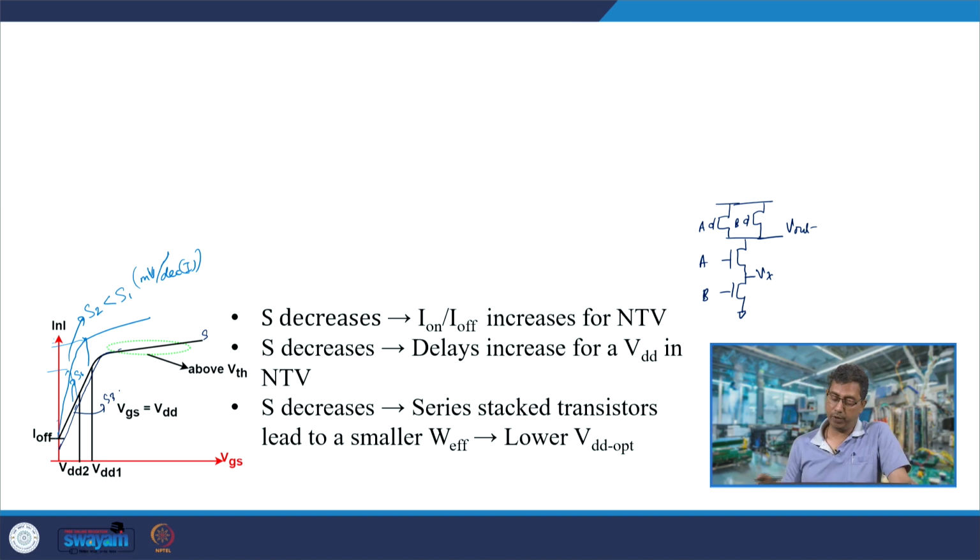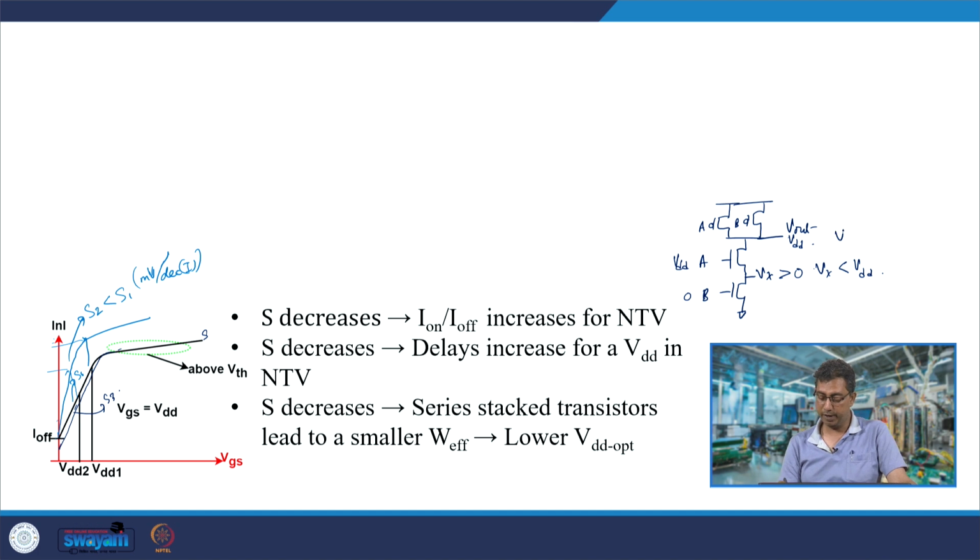So, for a given value, suppose one of the inputs is off, suppose this is VDD and this is 0, then the output should be VDD ideally. And what about Vx? Vx would have a value which is larger than 0 and also smaller than VDD.